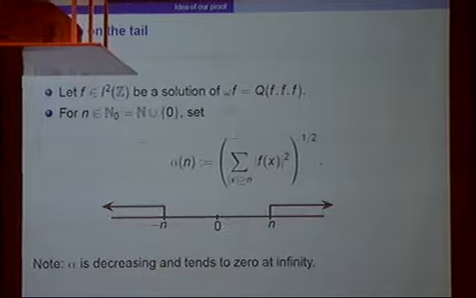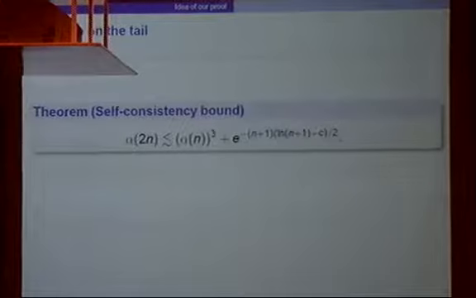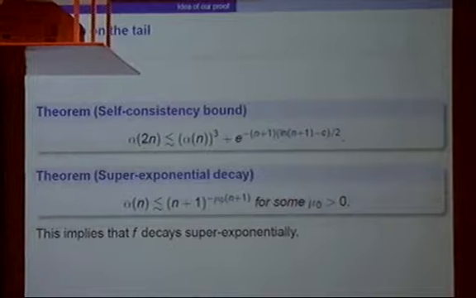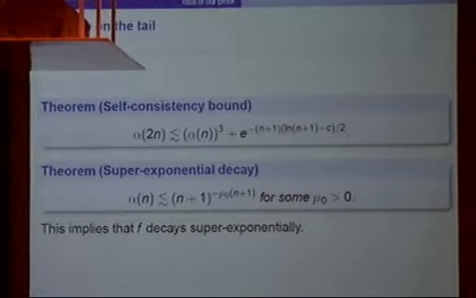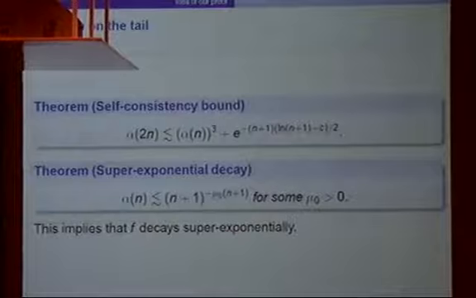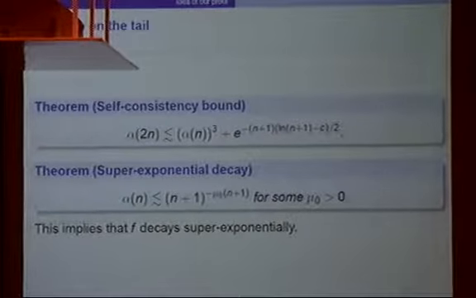Yeah. And then we have two very important theorems. First, we could construct a self-consistent bound, which is the following. When we concentrate on the tail even farther down, so alpha of 2n, from 2n to infinity, then that is bounded by, and this symbol means some constant multiplied to this one, and this implicit constant depends on tau itself.